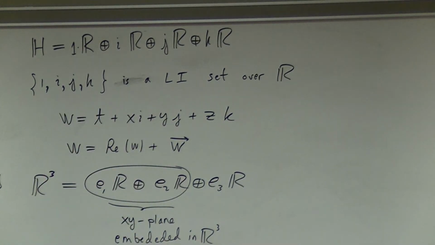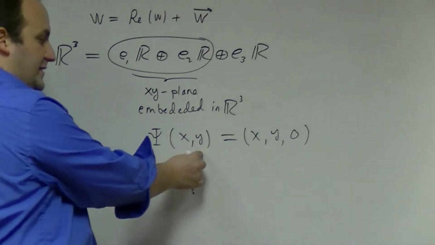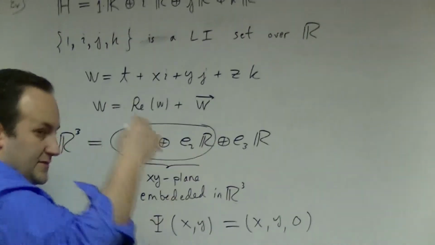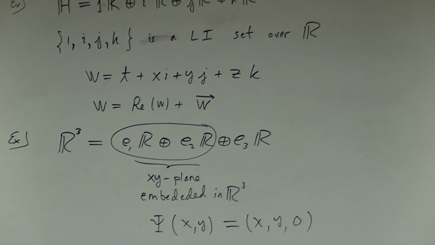Not a big deal. That's an injection, it's an isomorphism. Technically, there is a difference between having 2-component vectors and having 3-component vectors. But it is common that we identify the embedded version of the xy plane as the xy plane. It doesn't confuse students too much.